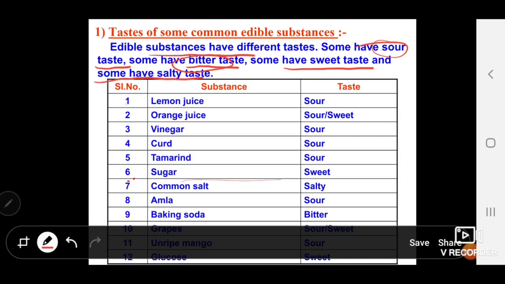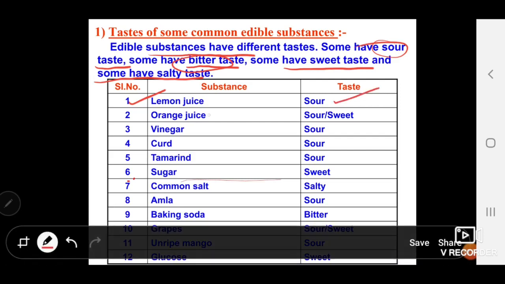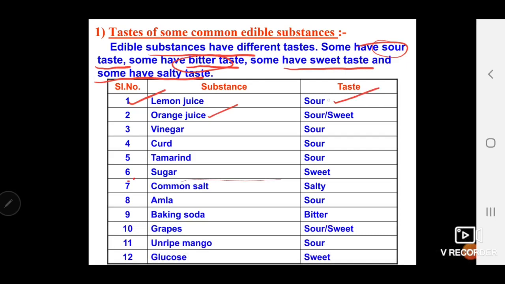The first one is lemon juice. I think you are well familiar with the lemon, it is always sour in taste. And orange juice, orange juice has sour taste and sweet taste. If it is a tender orange, it is a sour taste.